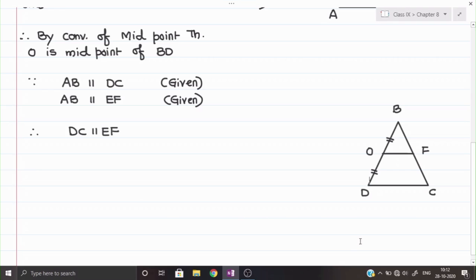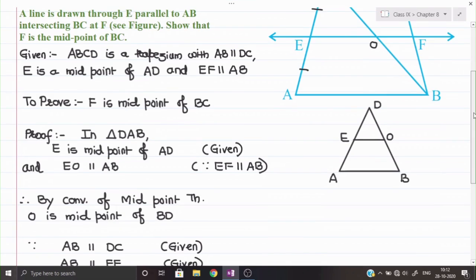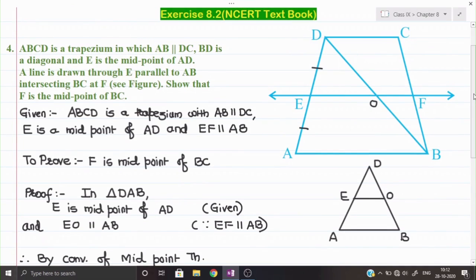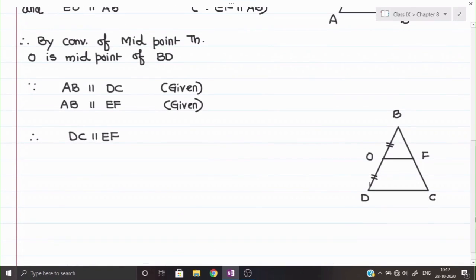Look at the main figure. CD and EF we have proved parallel, so CD will remain as it is, but you see OF is a part of EF, so OF will also be parallel to CD, and that is what is required in the question. So OF is parallel to CD because EF is parallel to CD and OF is a part of EF.